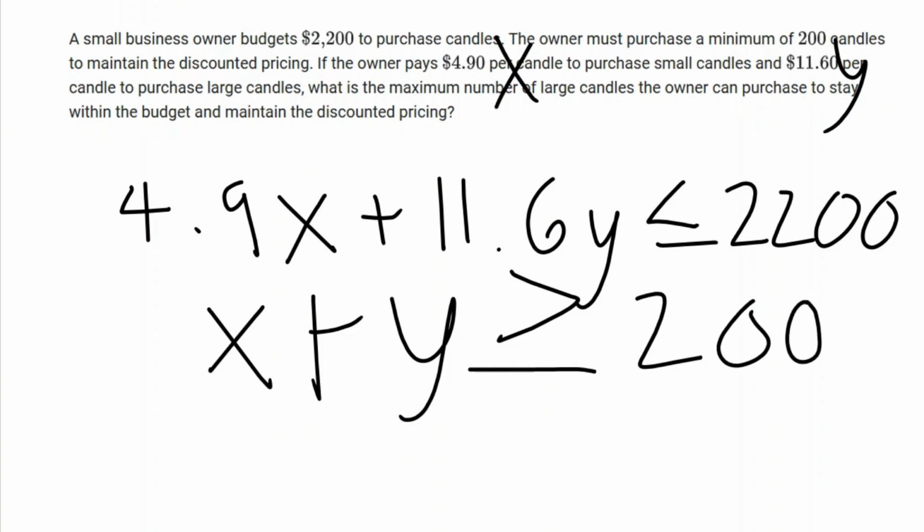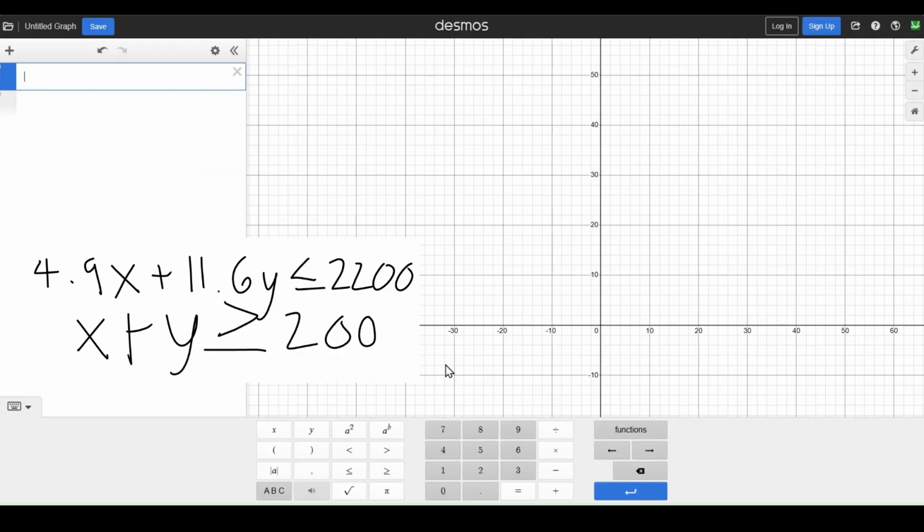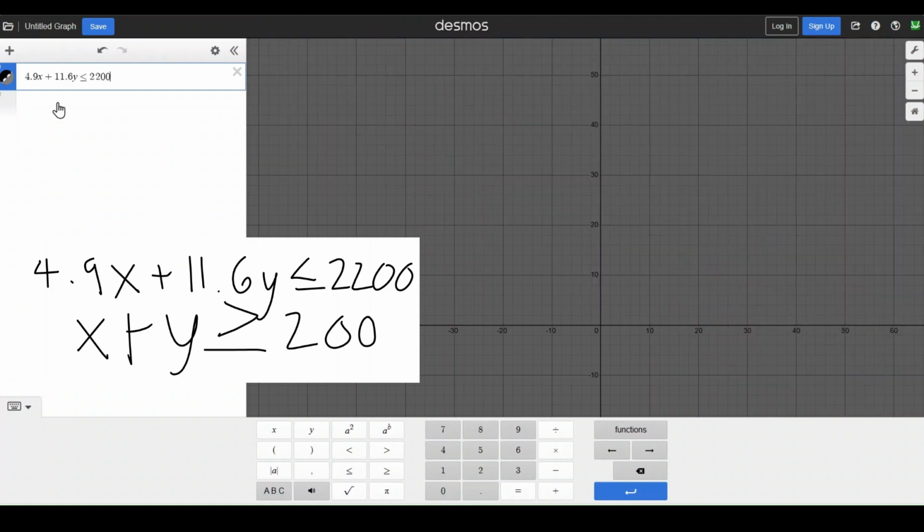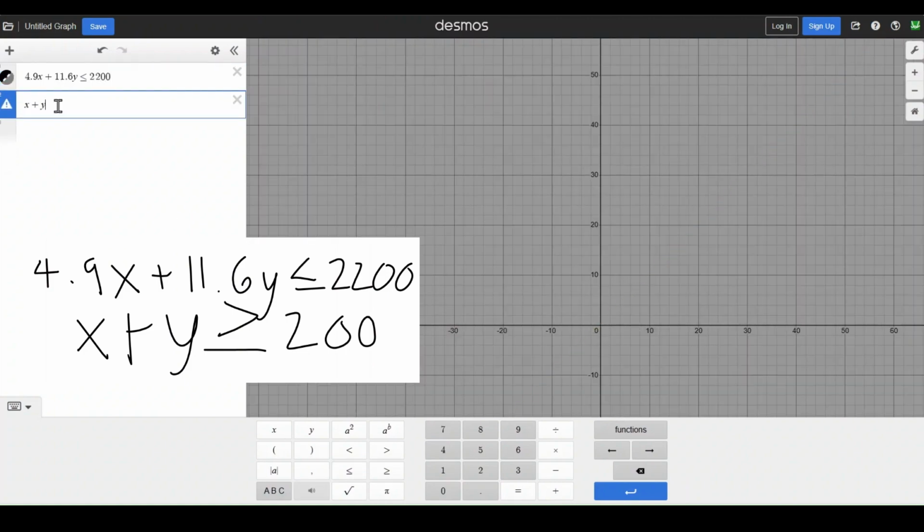So you can go ahead and plug that problem into Desmos to figure out the maximum amount of large candles. So we want to know what y is the maximum. Okay, so let's plug in 4.9x plus 11.6y is going to be less than or equal to 2,200, and x plus y is going to be greater than or equal to 200.